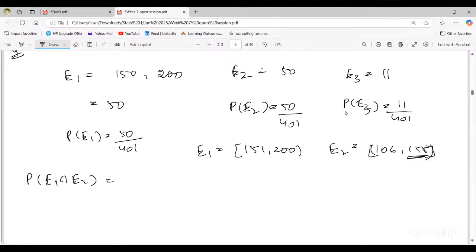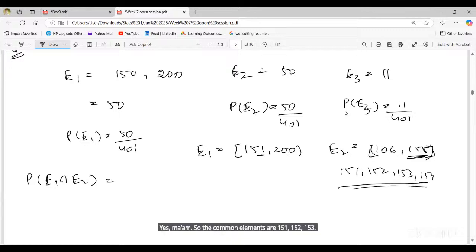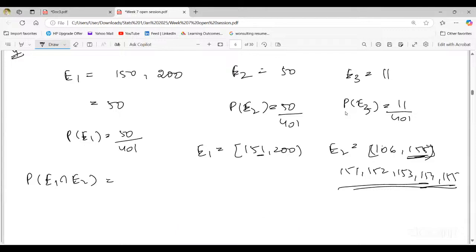It's from 151, right? Yes, ma'am. So the common elements are 151, 152, 153, 154, and 155 also, because we're including it. So there are 5. Ma'am, so it's 5 over 500.